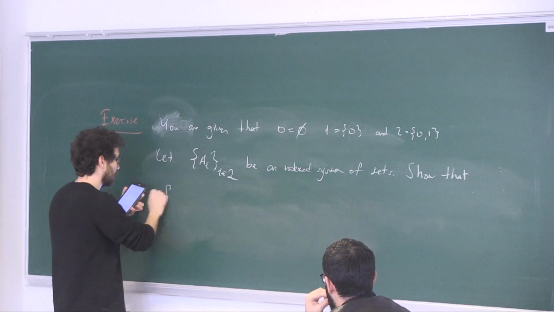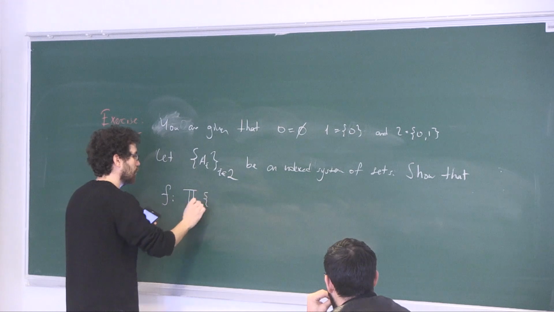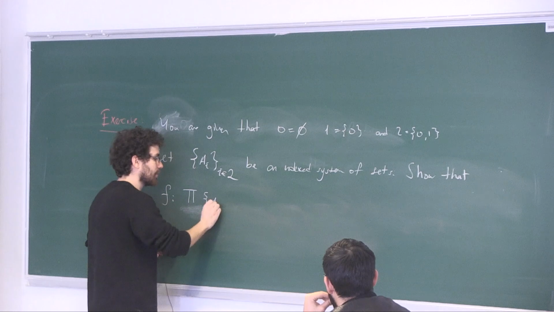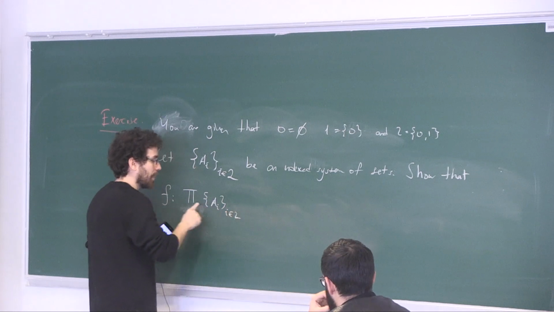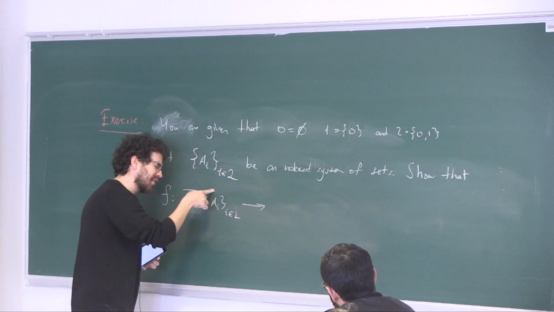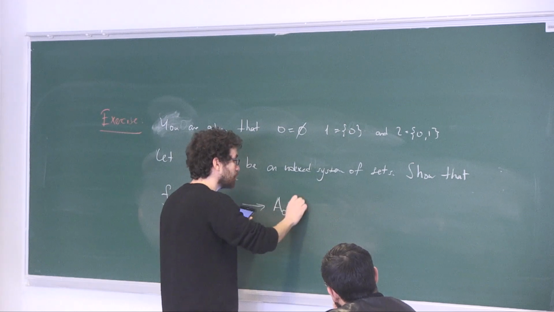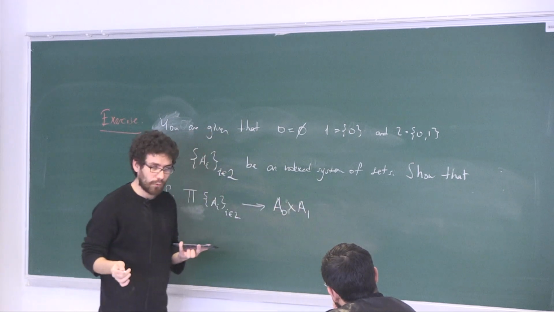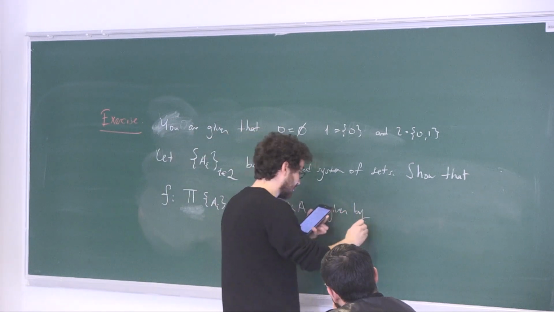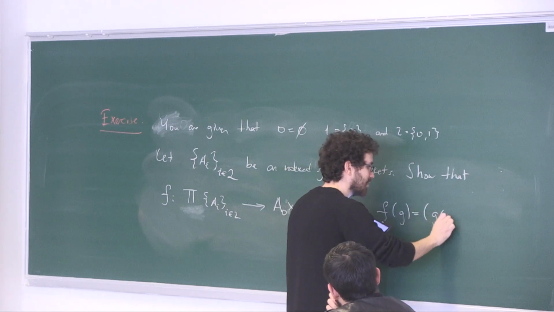Show that the product of this index system of sets and this Cartesian product are in one-to-one correspondence, meaning that there's a bijection between them. And I'm actually telling you the bijection. You just have to check that this is a bijection.